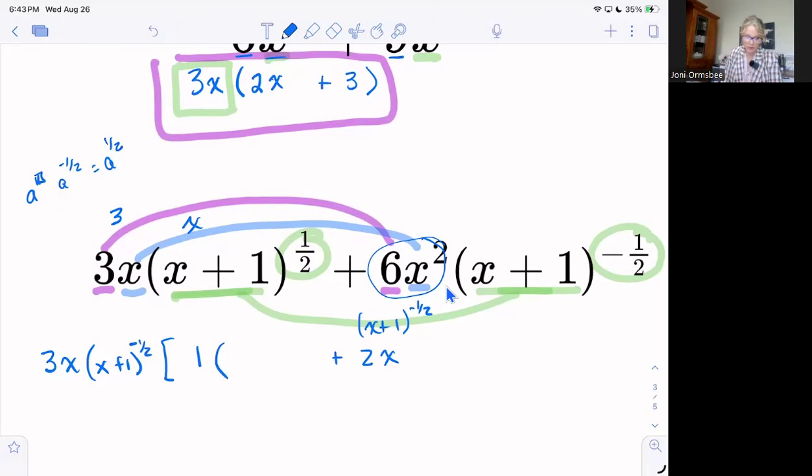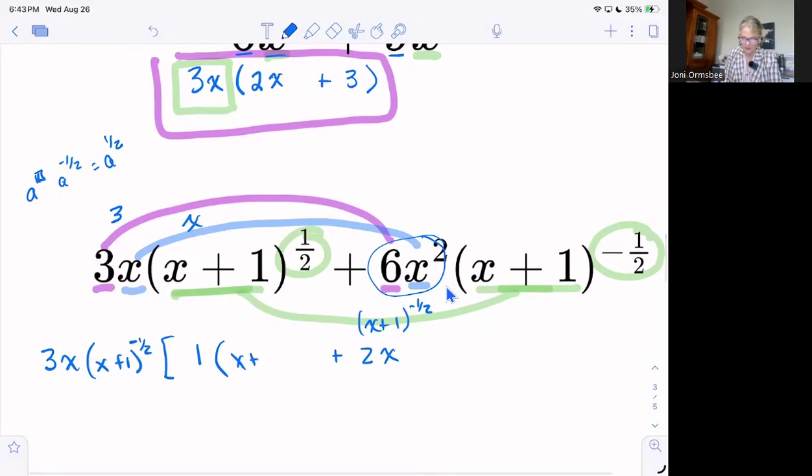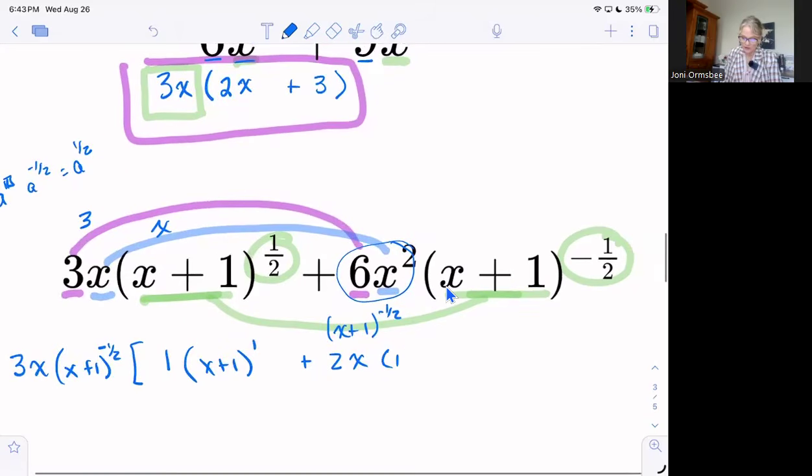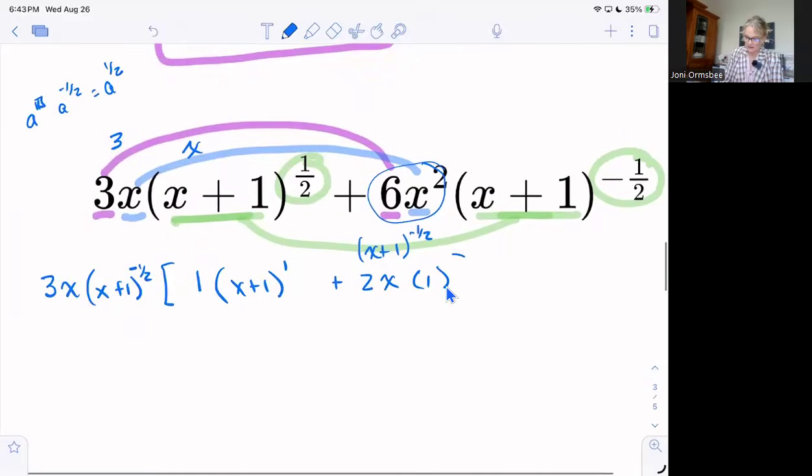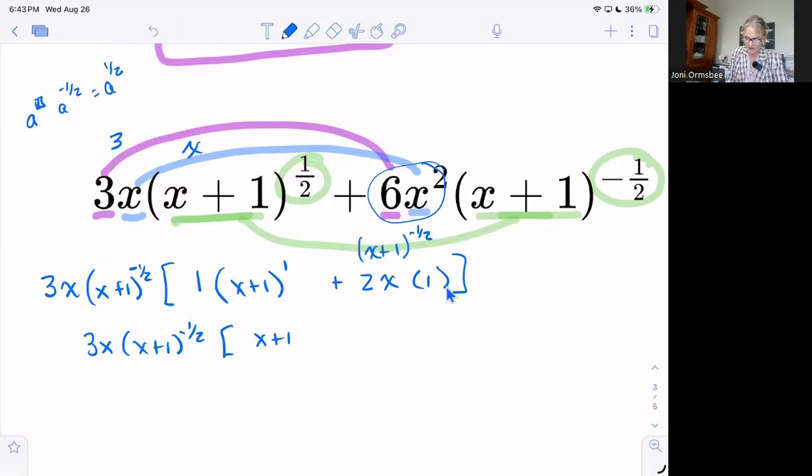So you're going to have to add 1. So we're going to have x plus 1 to the first. And then we factored that out, so there's just a 1 left. All right, so we have 3x, x plus 1 to the negative 1/2, and then we have x plus 1 plus 2x, and you always want to fully simplify. And so we get 3x times the quantity x plus 1 times the quantity 3x plus 1.